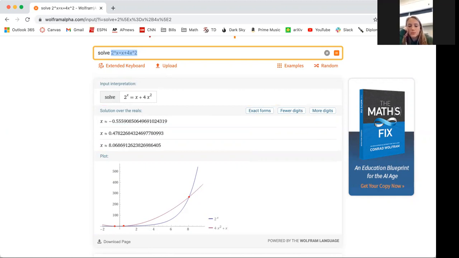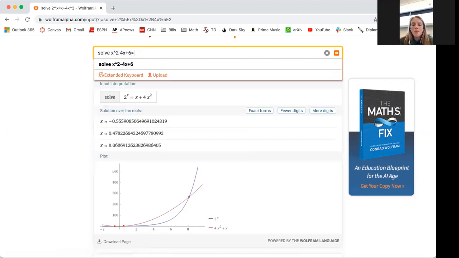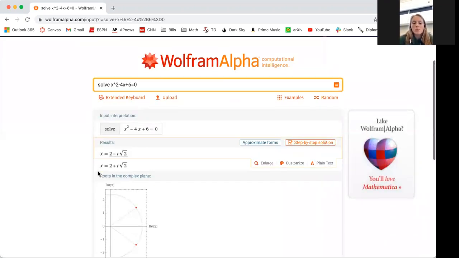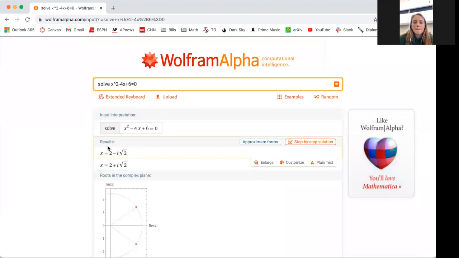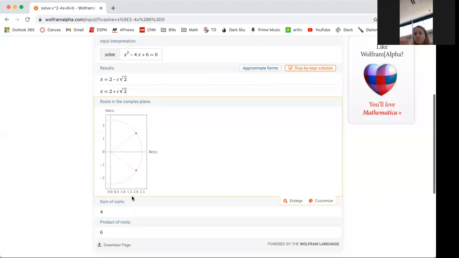It can also handle easier things. So if we put in a quadratic, which we could always just use the quadratic formula, x squared minus 4x plus 6, it will do that for us. And some other pieces that we maybe aren't so interested in.